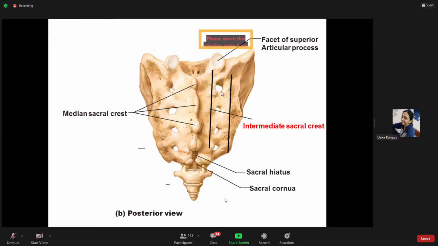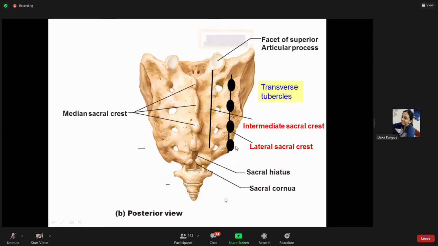And lateral to the dorsal sacral foramina is the lateral sacral crest. Over it there are four tubercles, and these are the transverse tubercles, because the lateral sacral crest is formed by fusion of the transverse processes of the upper four sacral vertebrae, and over it lie four transverse tubercles. So these are the dorsal or posterior sacral foramina.